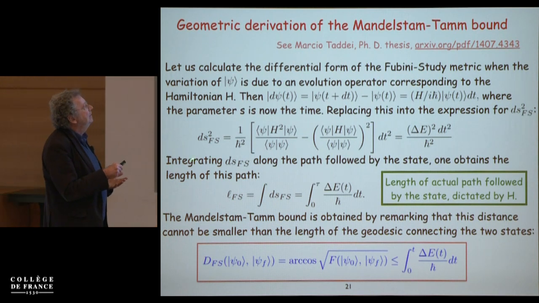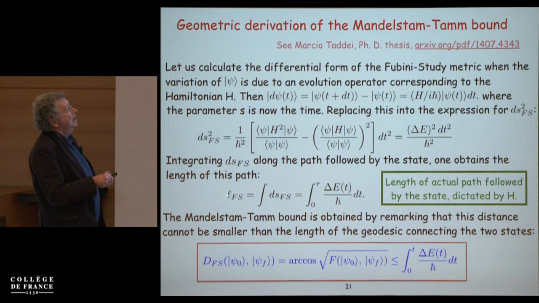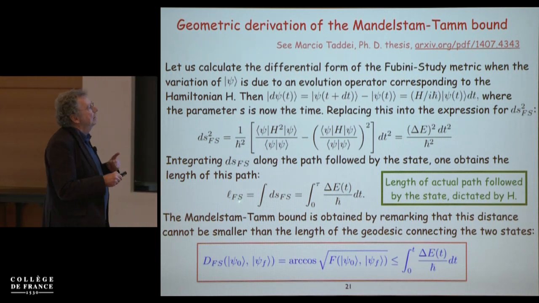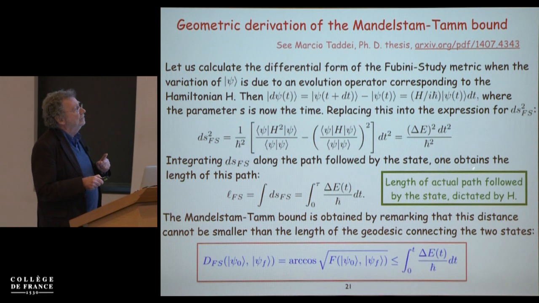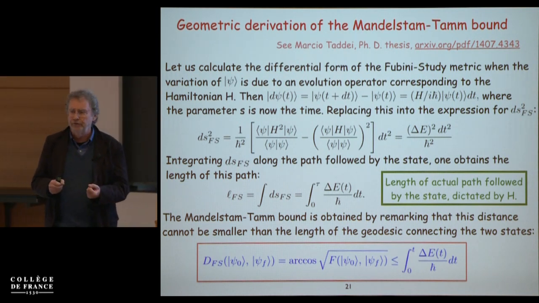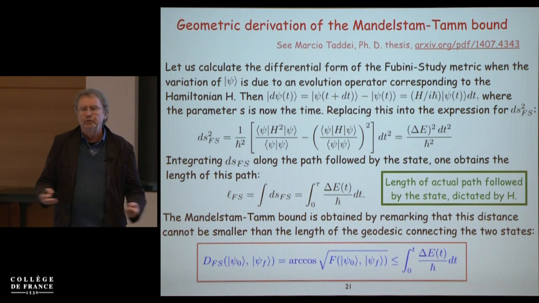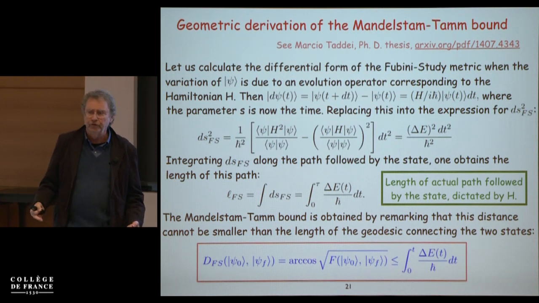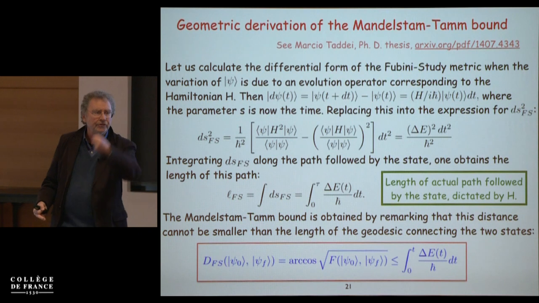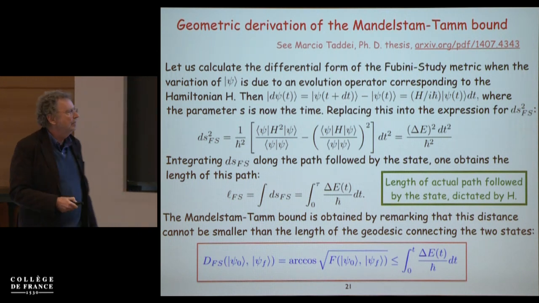So integrating this differential here, I get the length of the path. And on the right-hand side, I just have this integration here. I integrate this expression. Now, you see, this is the length of the path actually followed by the system in view of the dynamics dictated by the Hamiltonian H. Okay? It's not the geodesic, because there is a Hamiltonian there that leads the system.